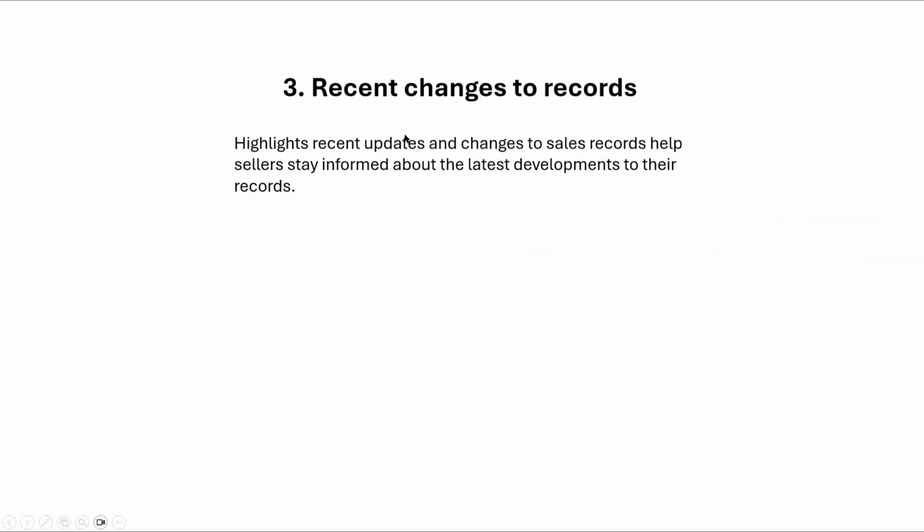Now we are moving to the third feature, recent changes to records. With the help of this feature, sales team members will get the recent updates, changes, and details to their sales records. It will help them stay informed about the latest developments to their records.